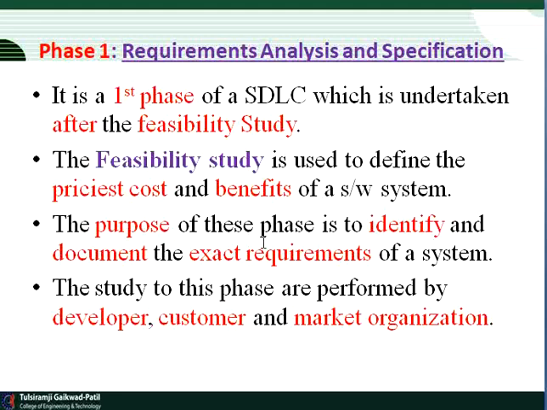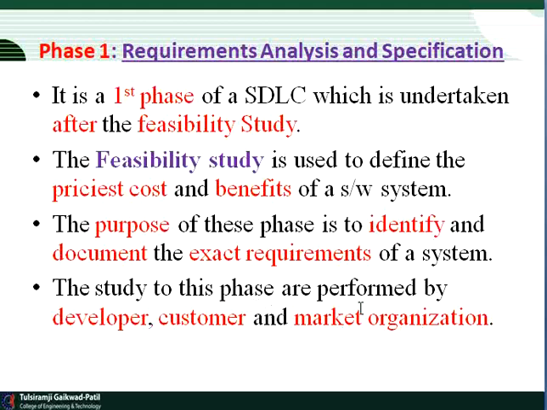The purpose of this phase is to identify and document the exact requirements of the software. In this first phase we decide what the exact requirements related to the software are. The study of this phase is performed by the developer, the customer and the market organization.